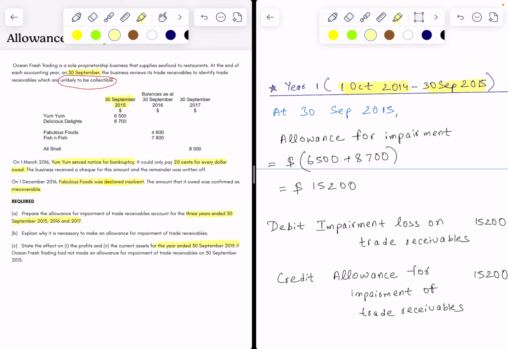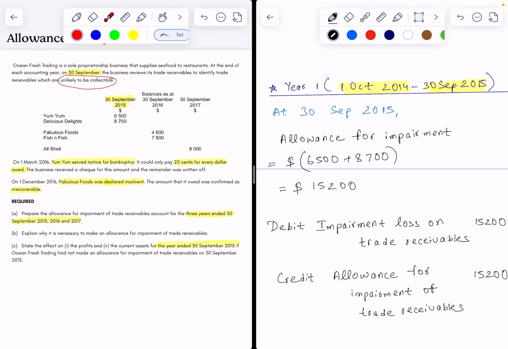So at 30 September 2015, we have got 2 customers, Yum Yum and Delicious Delights. Prior to that, we are not given any information, and based on what we understand, these customers may not be able to pay us. Therefore, we want to store these amounts which these customers owe us in the allowance for impairment of trade receivables account.